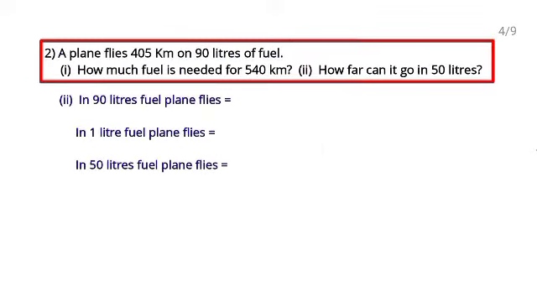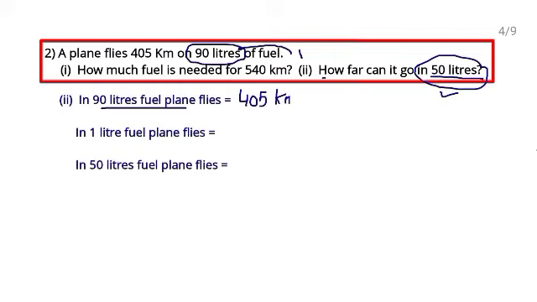Now have a look at the second part. How far can it go in 50 liters? This was of 90 liters and this is of 50 liters. First of all, from 90 liters you will find the distance covered in 1 liter, then of 50 liters. So in 90 liters of fuel, the plane flies how much? 405 kilometers, given in the first statement.